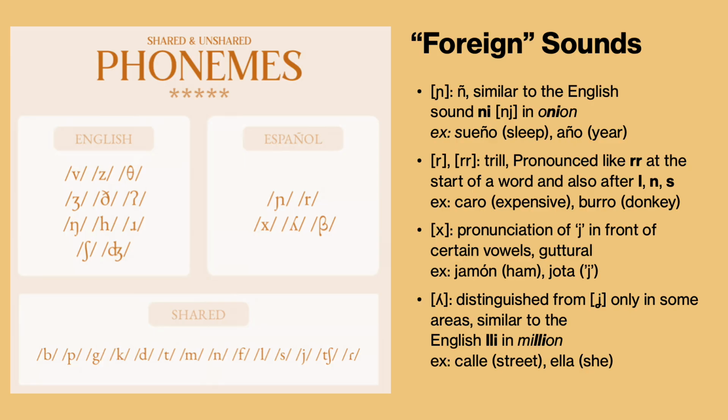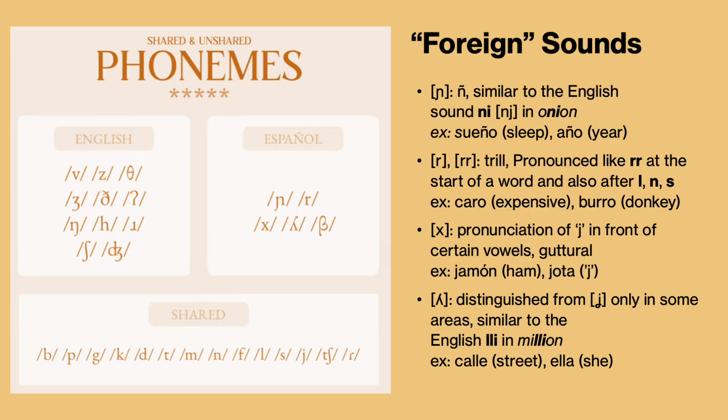So the first one we're going to cover today is the ñ sound, and it represents the enya. So I think of it as kind of like an NYA in English, or it's also similar to the sound ni in onion.